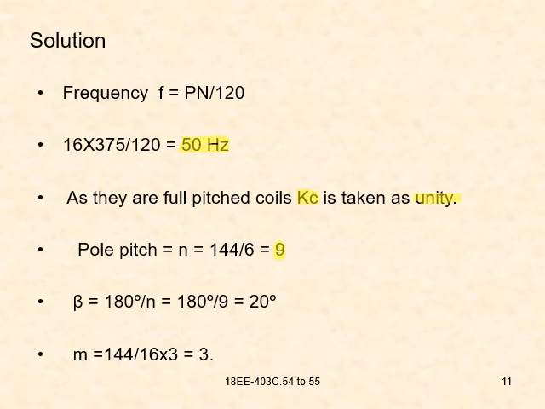Then we get number of slots is 144, poles 16, per phase 3, that finally gets 3 for m. The value of beta is 20 degrees. So the frequency we got is 50 hertz, and we took the value of Kc as unity since it is a full pitched coil, and the pole pitch n is given as 9, the value of beta got 20 degrees and m value got 3.